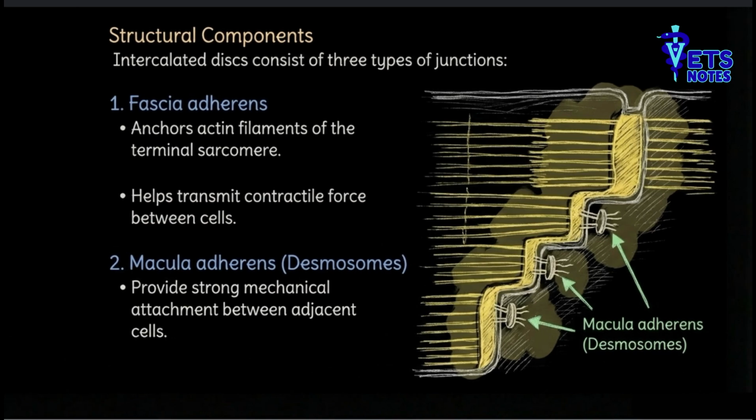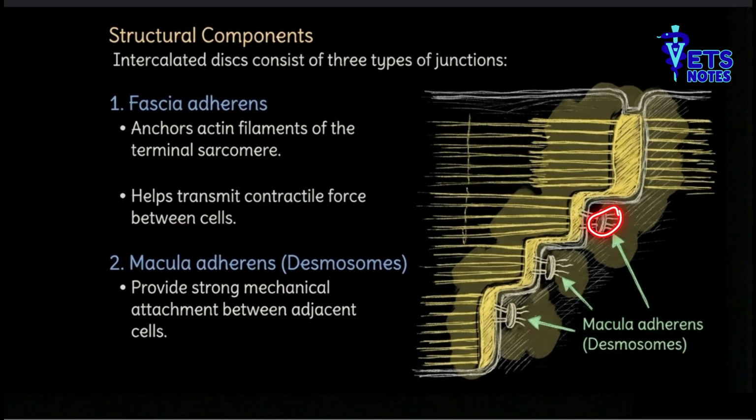Structural component: the intercalated disc consists of three types of junction. First, fascia adherens anchors the actin filaments of the terminal sarcomere. They attach actin filaments of the terminal sarcomere and help transmit contractile force between the cells.